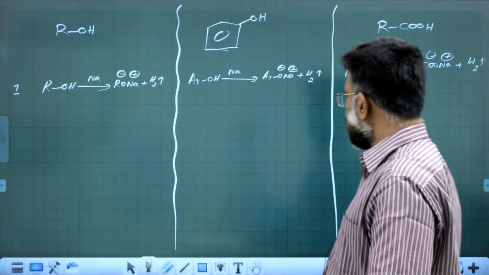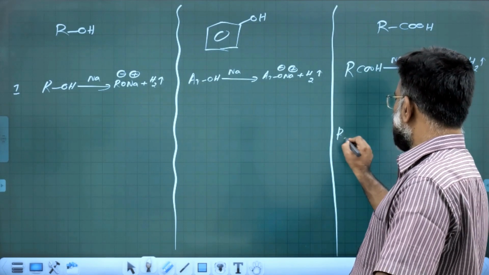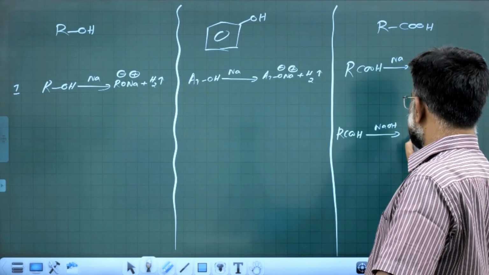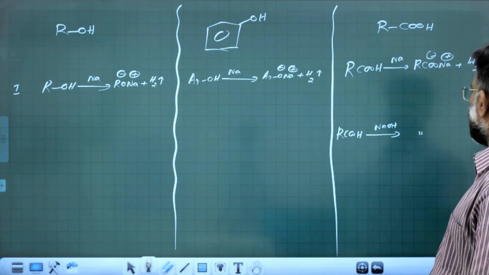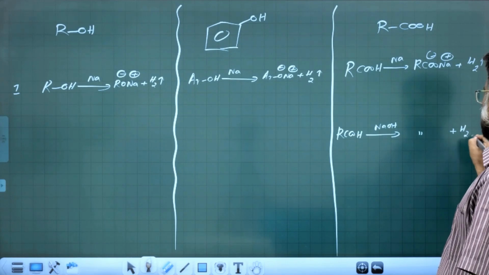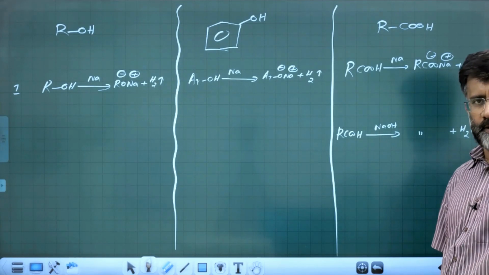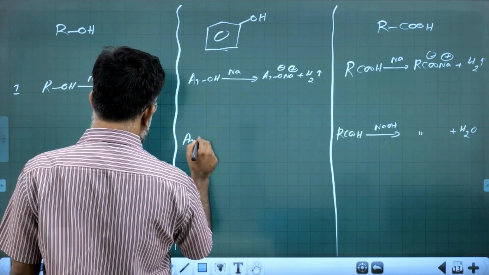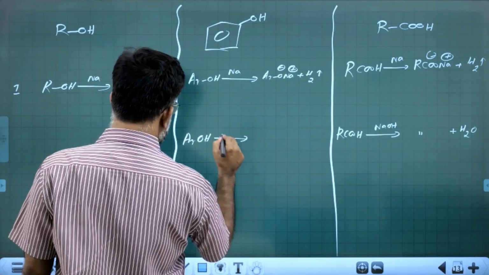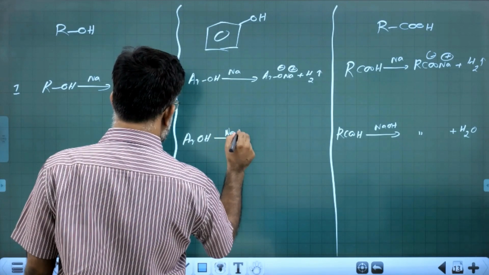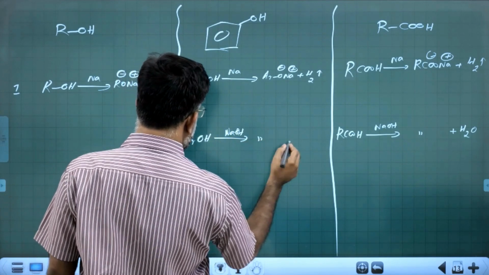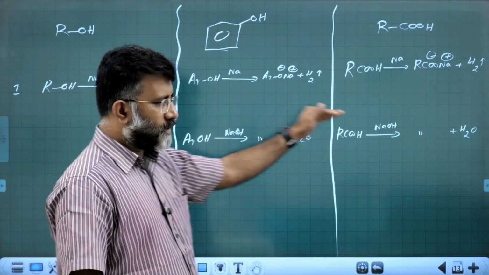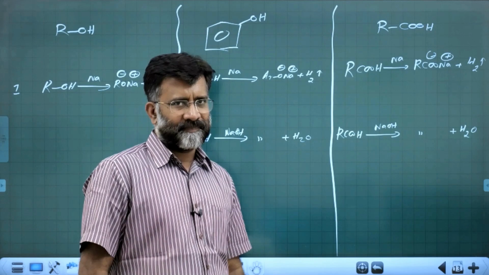What about reaction with NaOH? RCOOH with NaOH gives RCOONa plus H2O. There is a neutralization reaction. What about phenol? They give a similar reaction: ArOH with NaOH gives ArONa plus H2O. So the reaction of phenol is similar to that of carboxylic acid.